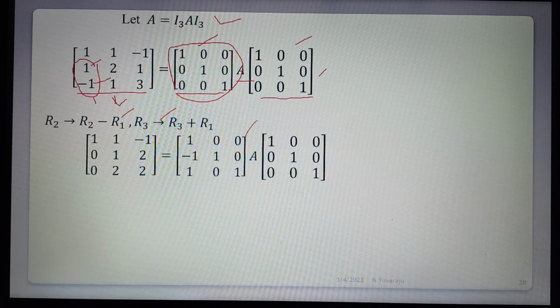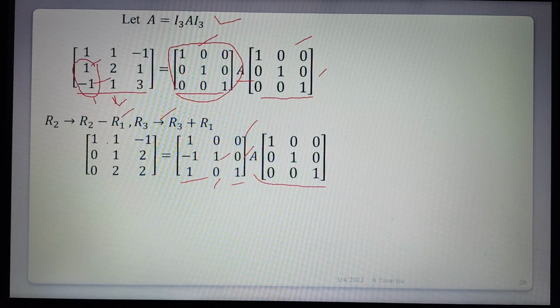R2 minus R1: 0 minus 1, minus 1; 1 minus 0, 1; 0 minus 0, 0. Next R3 plus R1: 0 plus 1, 1; 0 plus 0, 0; 1 plus 0, 1. So it remains the same, there is no change in this matrix. Only the row operation is applied on the pre matrix.